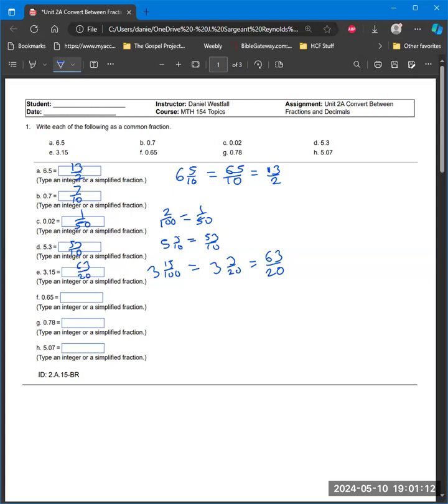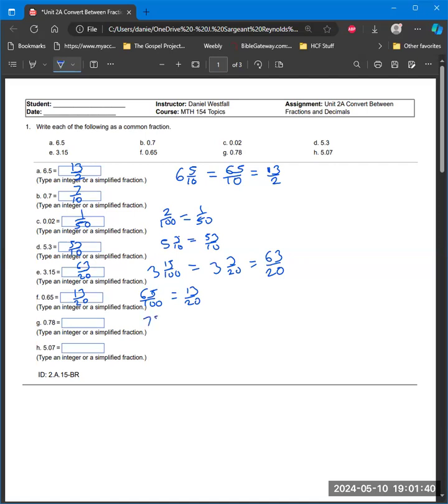Now we have 65/100ths. So that's going to be 13/20. Five goes into 65 13 times. 5 goes into 100 20 times, and there's no common factors left.